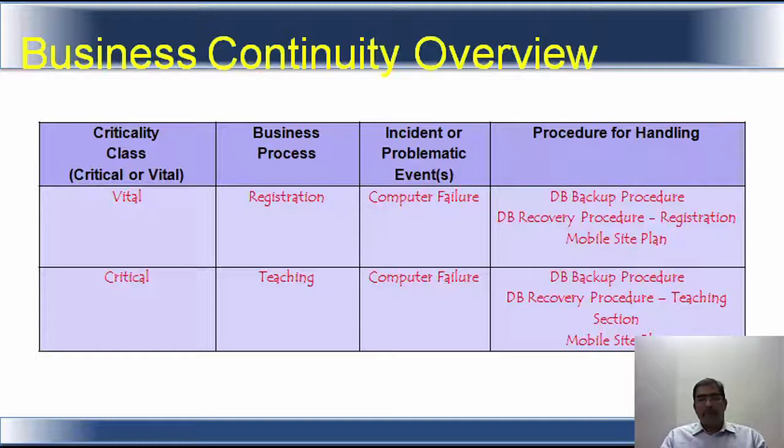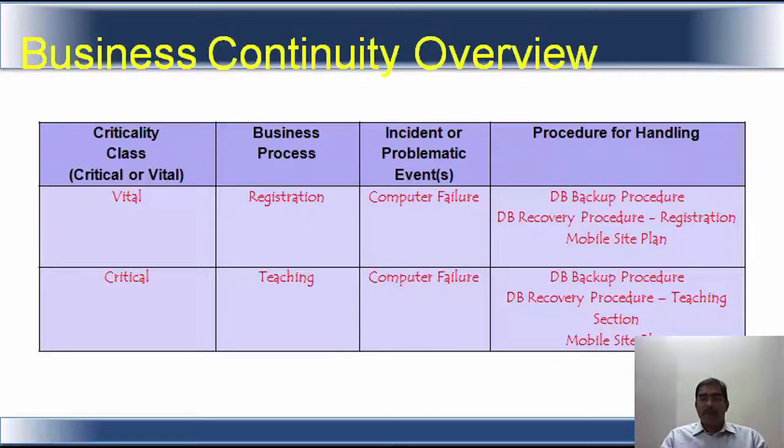If the criticality is vital, the business process is registration. A computer failure can be classified as an incident or a problematic event. The procedures for handling these are database backup procedures, so proper database backup should be taken. Database recovery procedure should be there for registration.